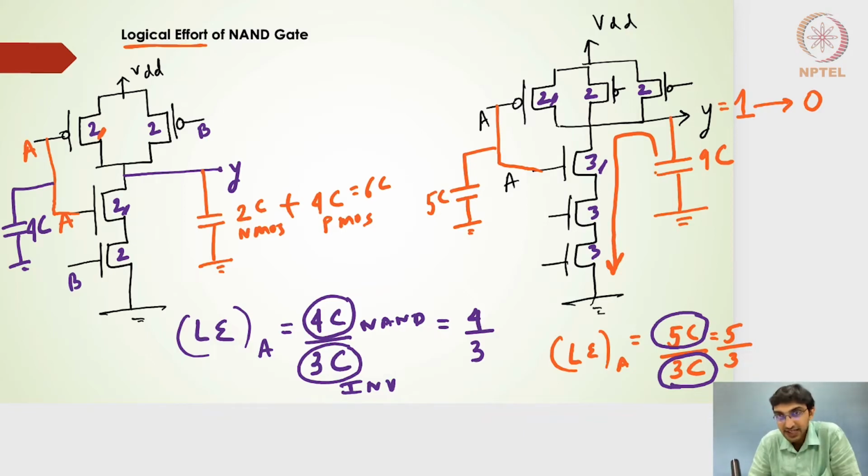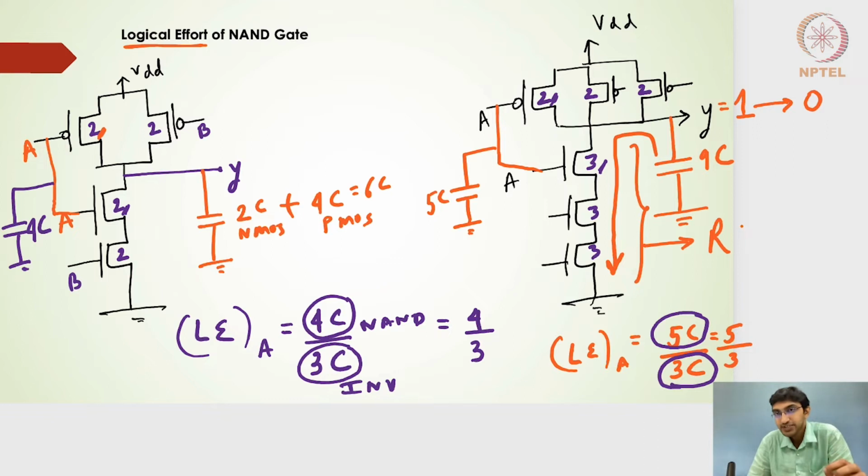The transistor sizes, the size of 3 here, is selected in such a way that I will get an equivalent falling resistance of R, which is similar to that of the inverter's falling resistance. So that is one case.